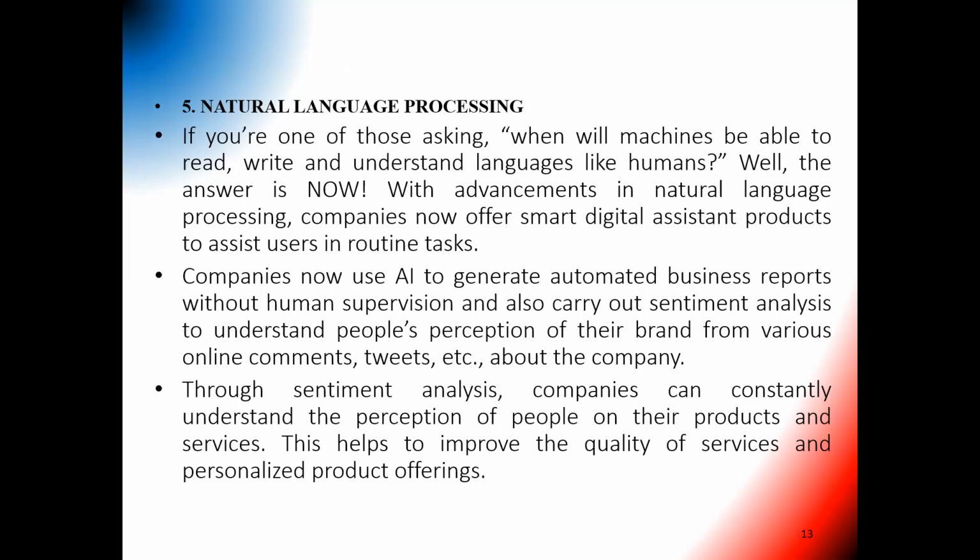You know that machines can now read and write and understand languages like humans, okay? So with the advancement in natural language processing, companies now can offer smart digital assistant products to assist users in routine tasks.